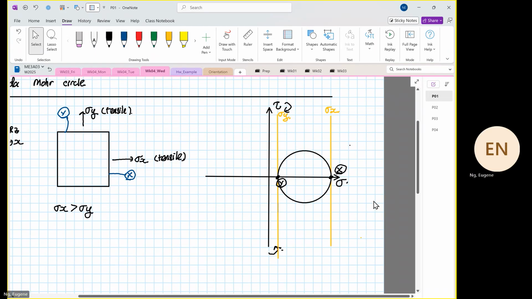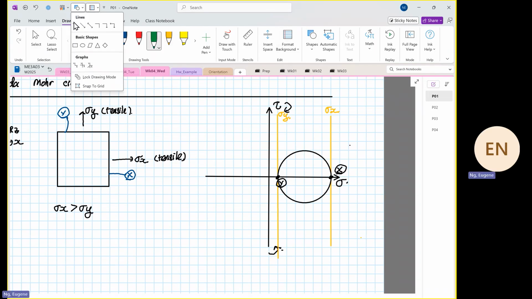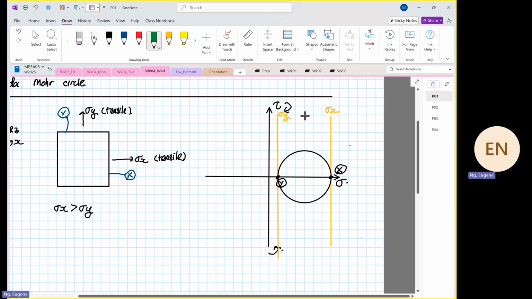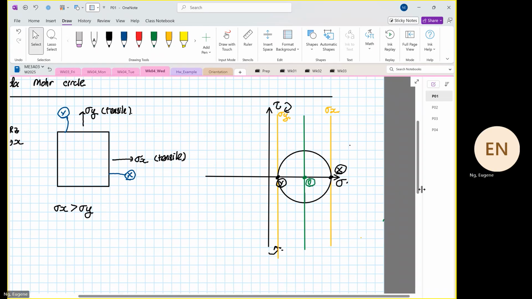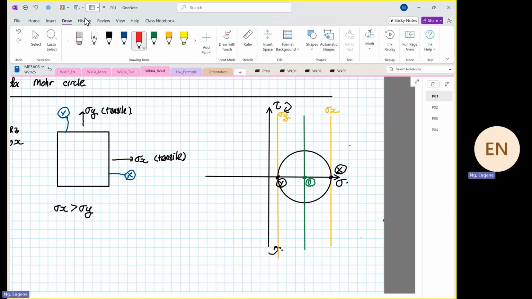Okay. And then this is new now. You have to add on now. So at the center of the circle, this is known as our point O. Okay. And I'm going to label this out. What you have over here now, the distance from the 0 stress up to here, this is known as your average stress.